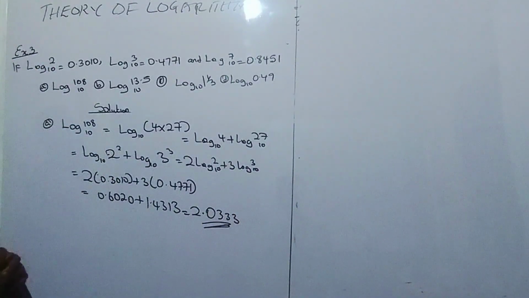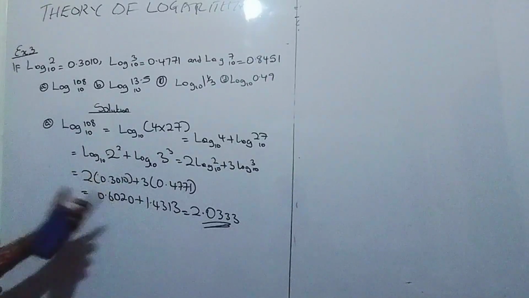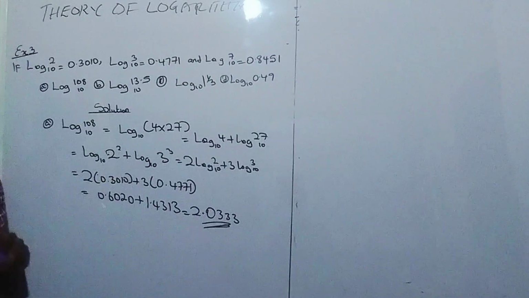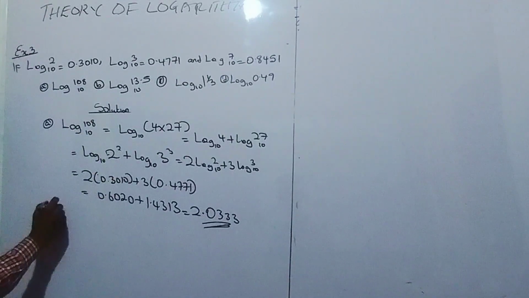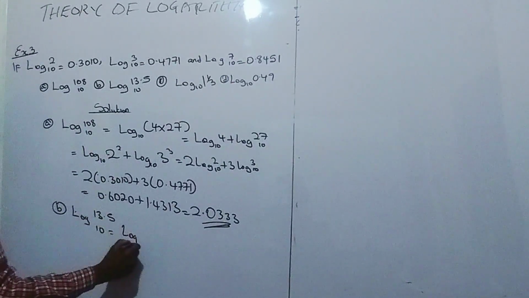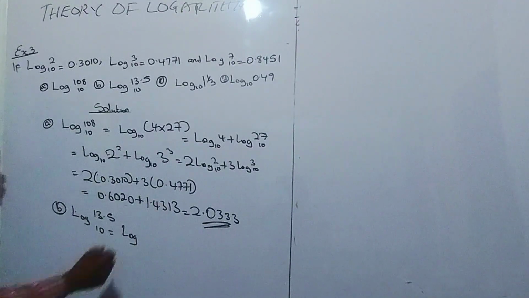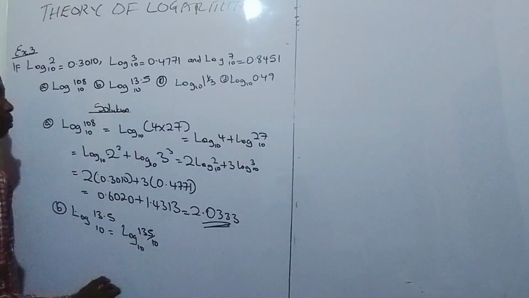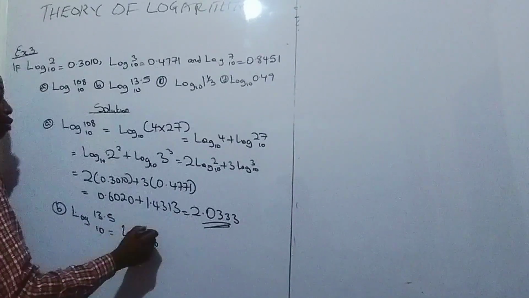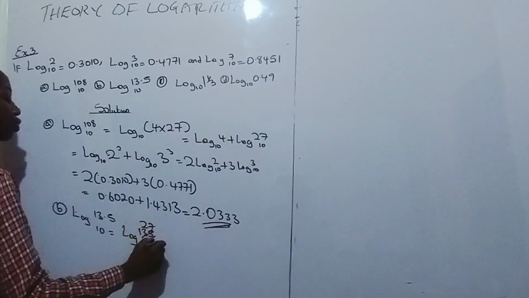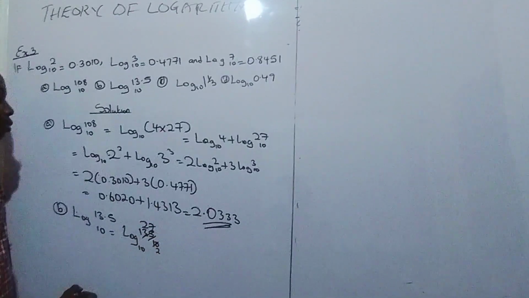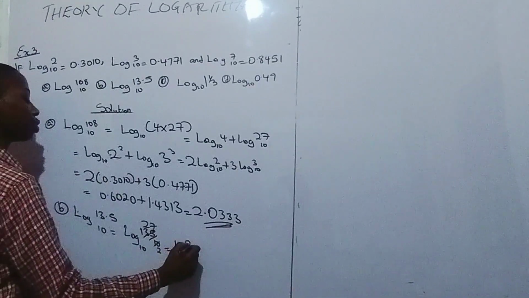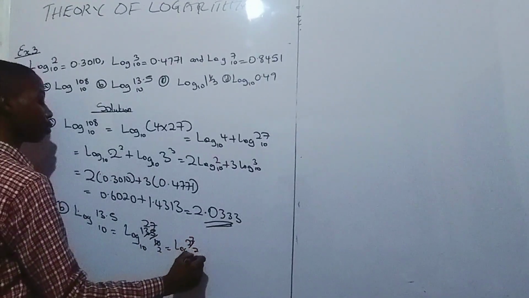So we are given decimals here. Here we are mainly dealing with addition of decimals. So for the second example, that is log 13.5, which is 135 over 10. The 5 goes here, 27, the 5 goes here, 2. That is log 27 over 2 base 10.